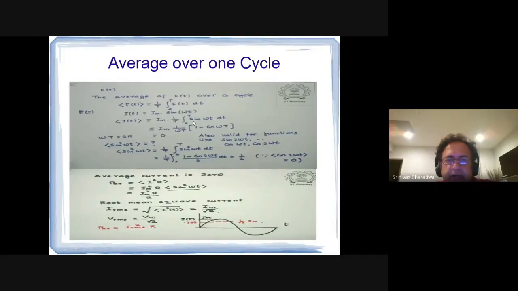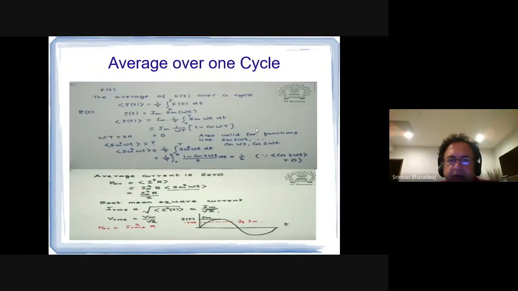When you do that integration, the integral of sine omega t is minus cos omega t divided by omega, right? And then when you plug that in, you will end up with Im times 1 by omega T times 1 minus cos omega T. How do you end up with that?